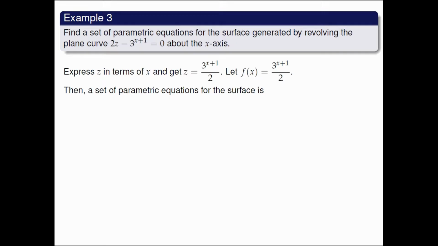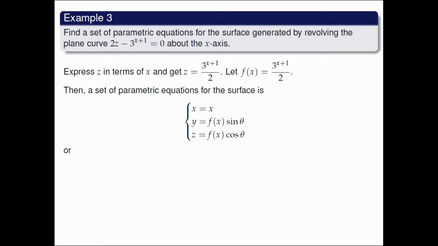Since our plane curve is to be revolved about the x-axis, we have x equals x. Since the equation of the plane curve is of the form z equals f of x, then one of the parametric equations will be z equals f of x cosine theta. Then for the remaining variable, we have y equals f of x sine theta.